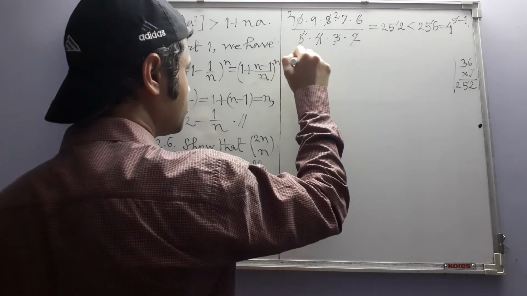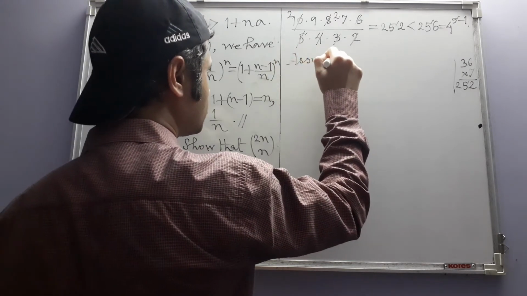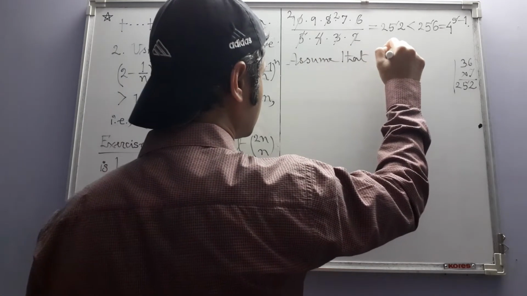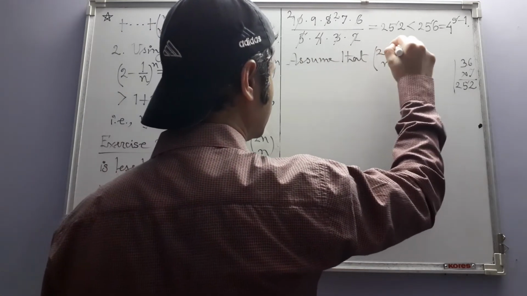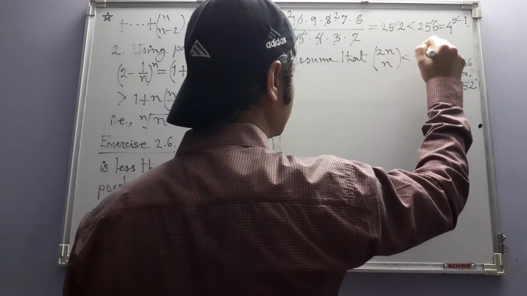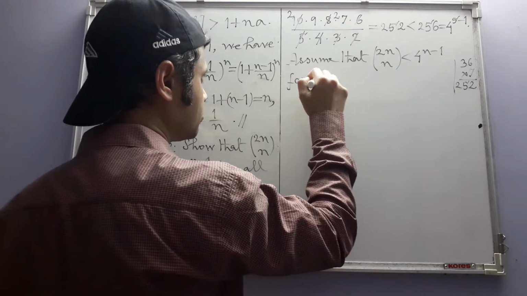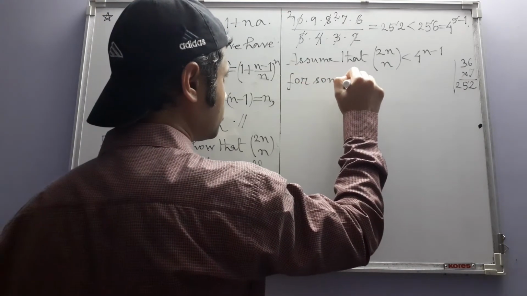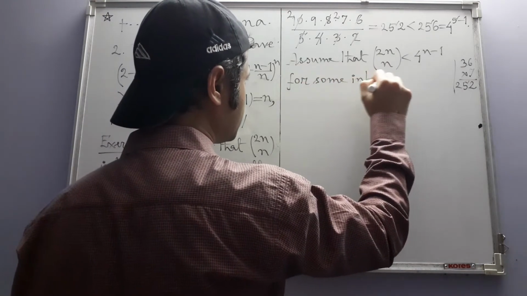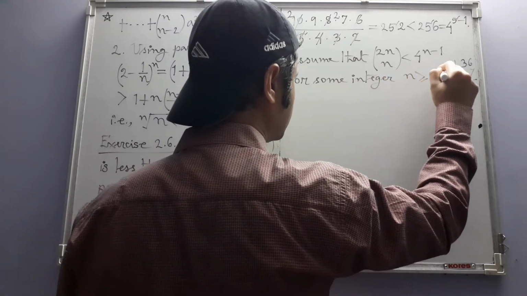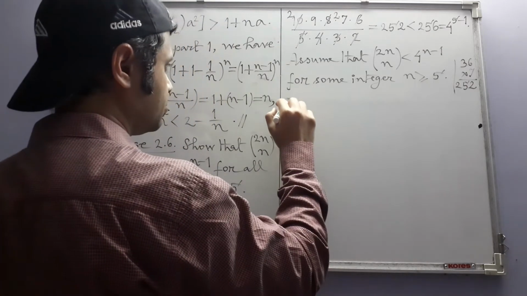Assume that 2n choose n is less than 4 to the power n minus 1 for some integer n greater than or equal to 5.